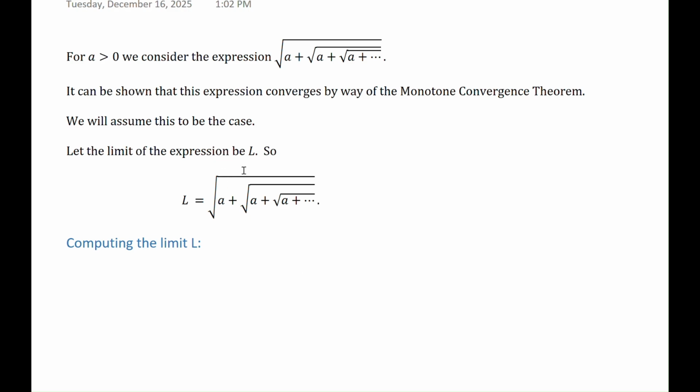Note that L is contained in the expression for L. There's another copy of L right there. Look at this, that's L right there. So note that we have that L is equal to the square root of A plus L again.